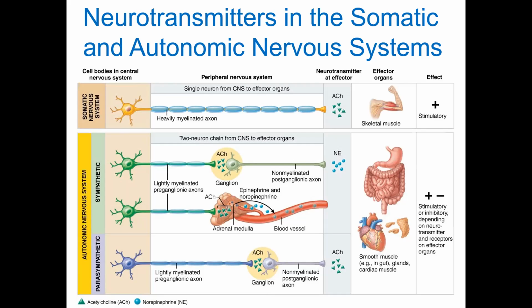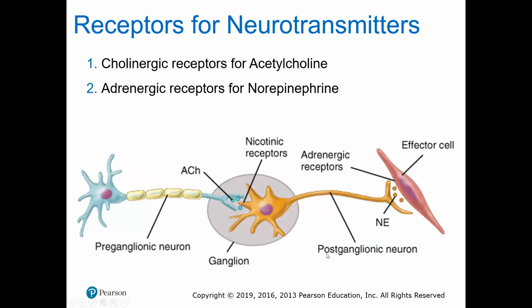The postganglionic neurotransmitter is norepinephrine. Also remember that the sympathetic nervous system has the short preganglionic axons and the long postganglionic axon. And the parasympathetic has the long preganglionic and the short postganglionic. Okay, so cholinergic receptors for acetylcholine, adrenergic receptors for norepinephrine.